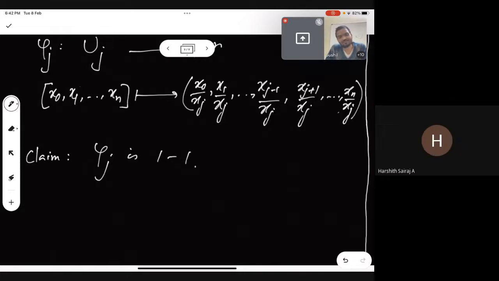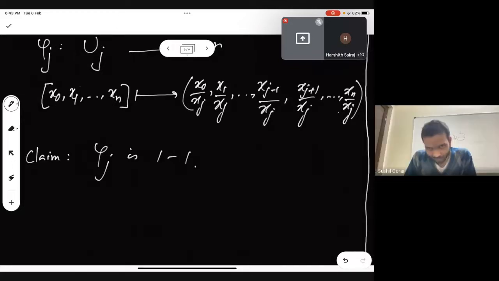Sir, if we just add one at the xj component in the middle and call it an equivalence class, all the other components will be the same. So this is clear.